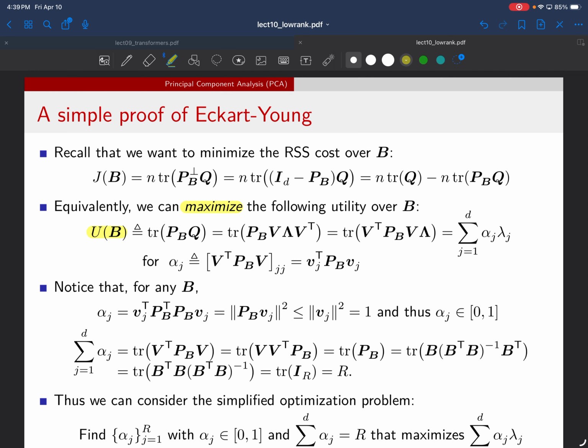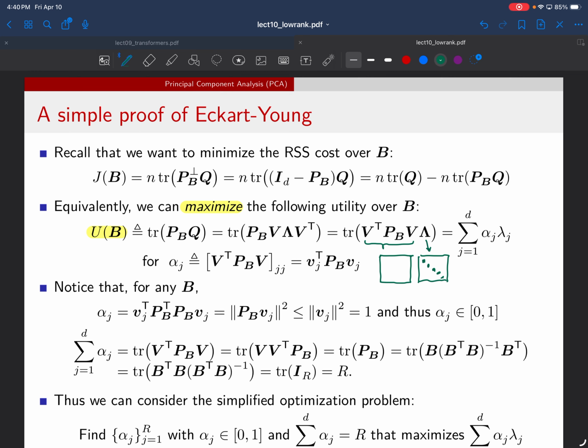So now let's use our eigenvalue decomposition. We'll plug in Q. And now let's use this trace property to move this V transpose to the front. Okay, and let's think about what we got. So we have a matrix here, which is just going to be some matrix. And then on the right is another matrix which we know is diagonal.